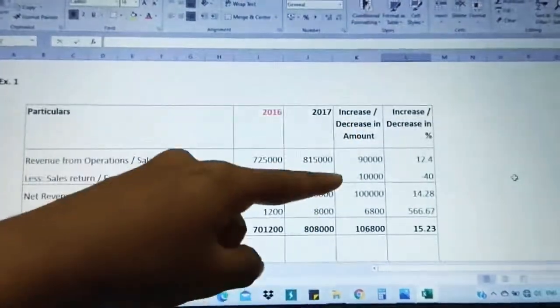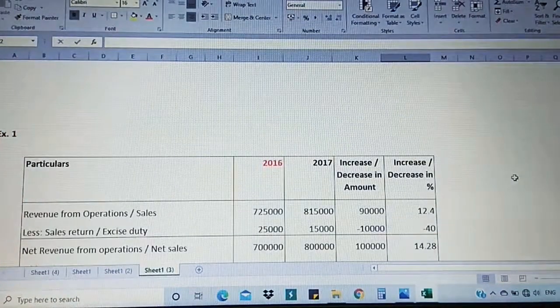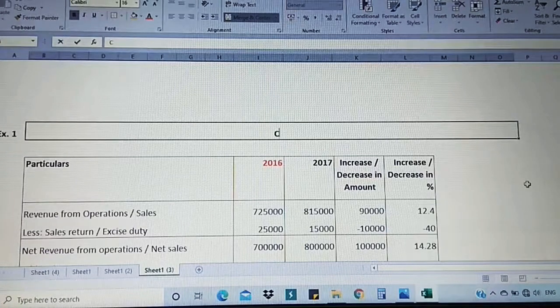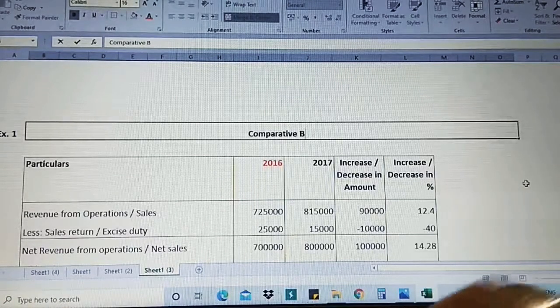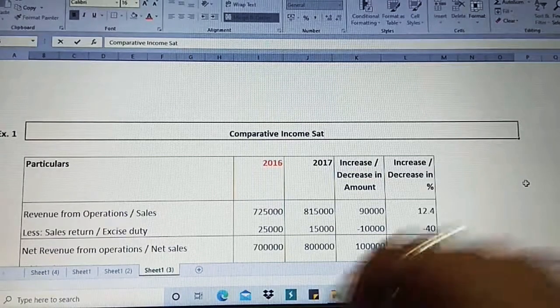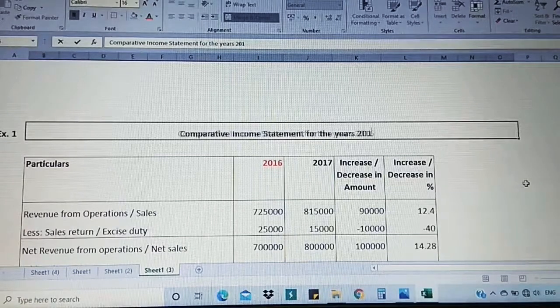I'll guide you all once again. Whenever you go for the solution of this type of calculations, write the heading that they have actually given. They've asked us to write the comparative income statement for the years 2016 and 2017.